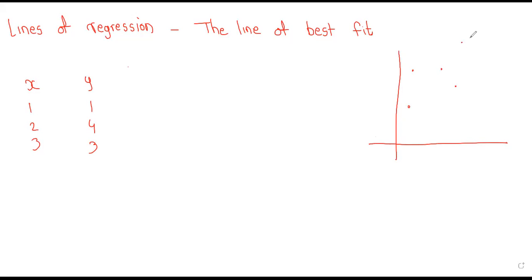If we draw a straight line passing through the maximum number of points, so we can draw a line passing through the maximum number of points. This line is nothing but the line of regression.